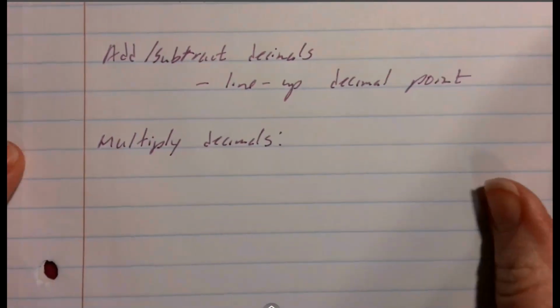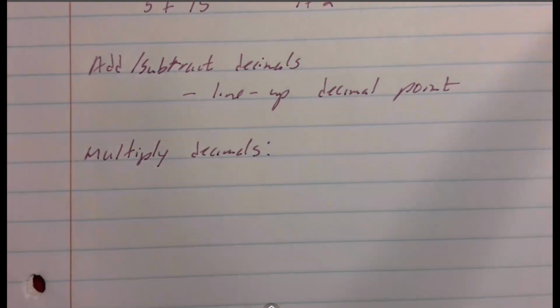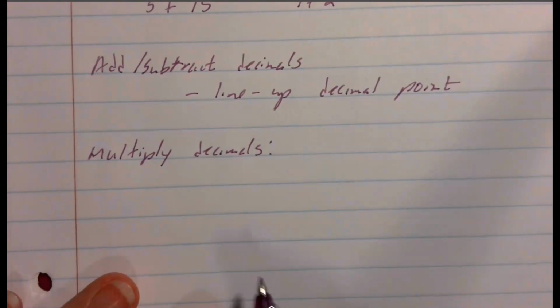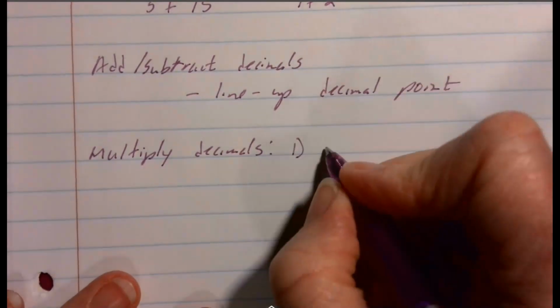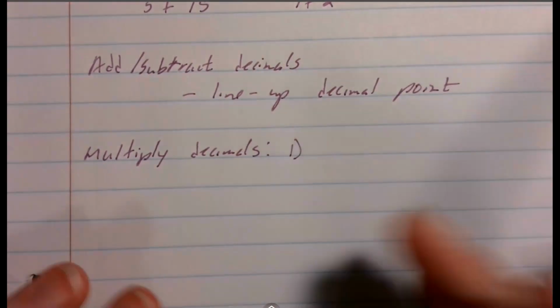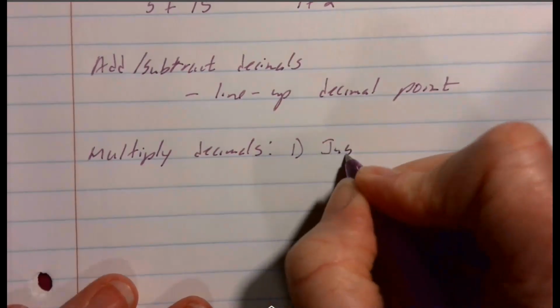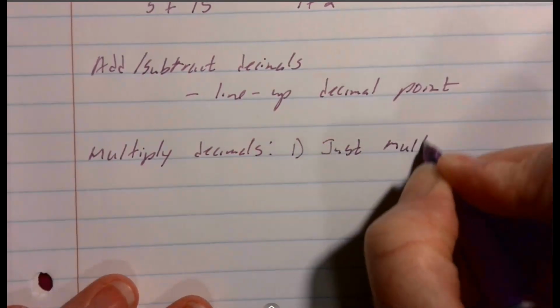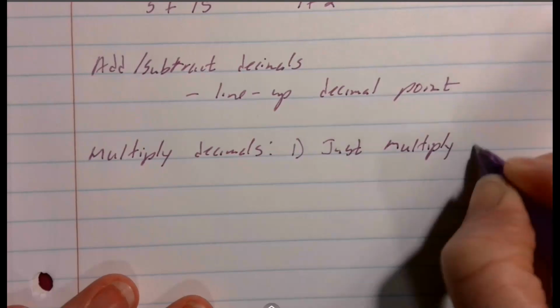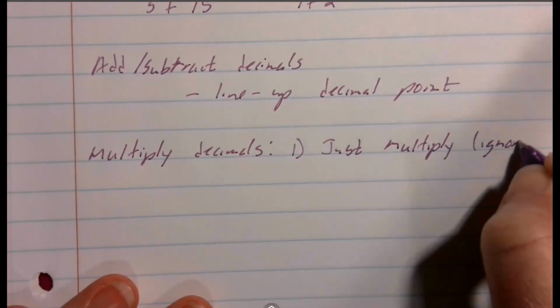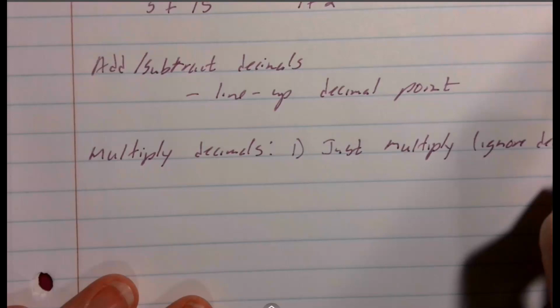Maybe I worded it better another time, or maybe your teacher or somebody worded it better than I did. Feel free to use those. So if I multiply decimals, first off, ignore the decimal point. Just multiply.